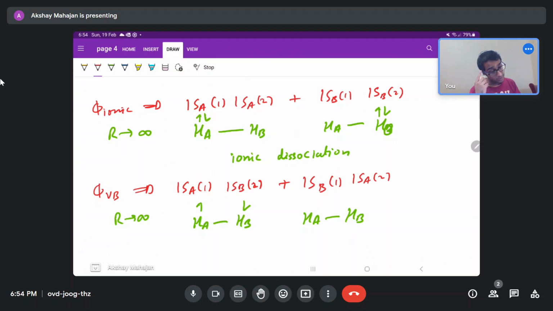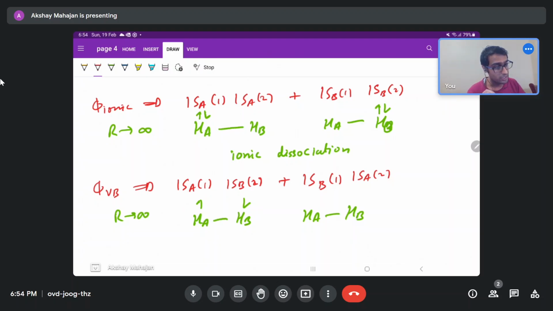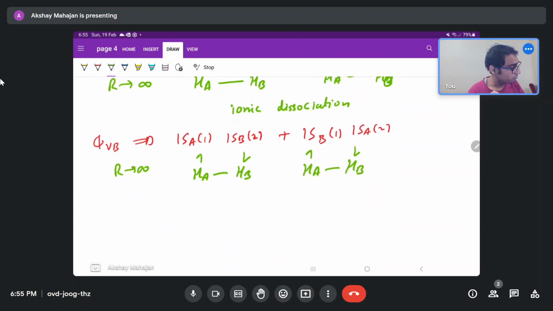So here, when r tends to infinity, you will have one electron at atom A and one electron at atom B, and here you will have one electron at atom B and one electron at atom A. Alright, and this is called the bi-radical dissociation.